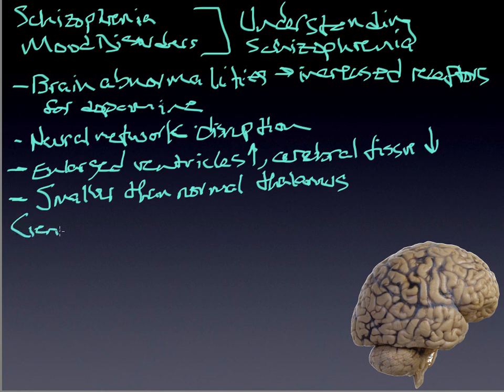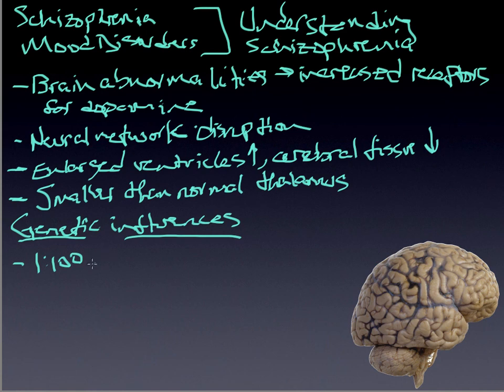Another one that we have also identified is genetic influences, and the odds are really quite remarkable when you look at what happens within families themselves. Any person has a 1 in 100 chance of developing schizophrenia.